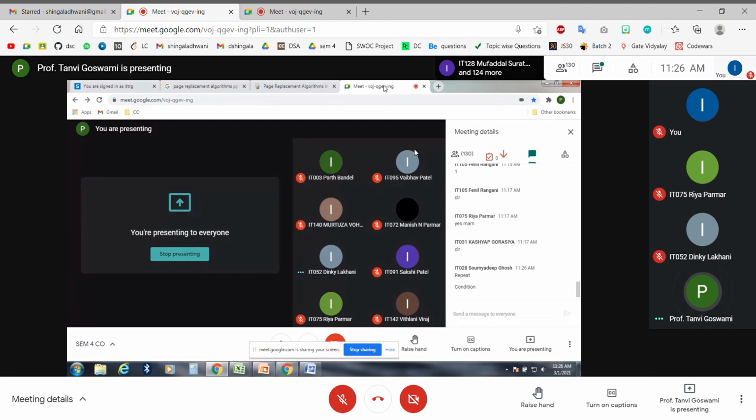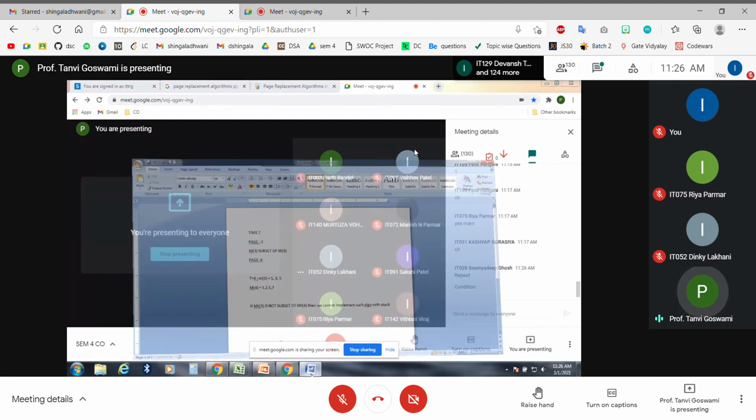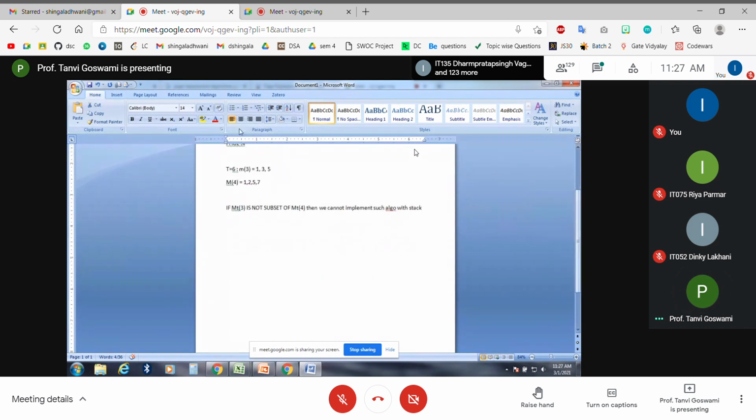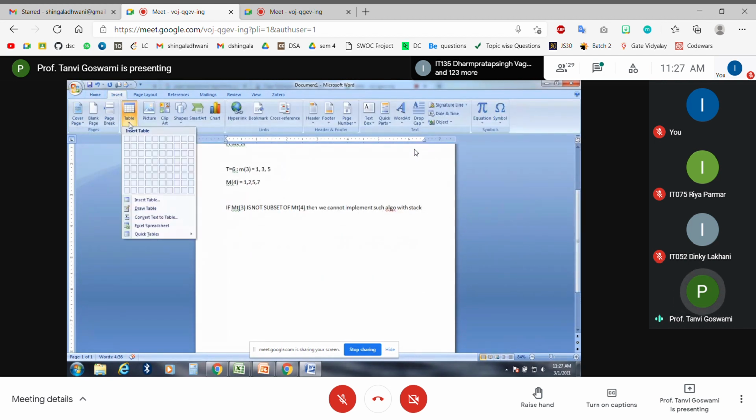If my memory has capacity to hold 3 frames at a time, that is M of 3, and memory with capacity to hold 4 frames at a time, that is M of 4, then at each and every time interval the condition should be satisfied: M of 3 should be a subset of M of 4. Let us take an example.